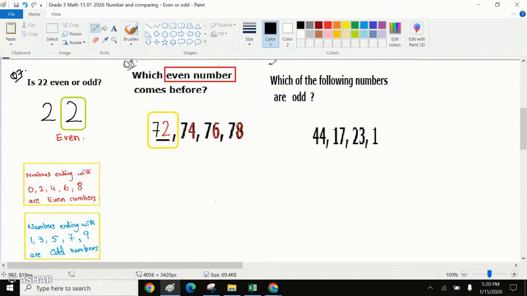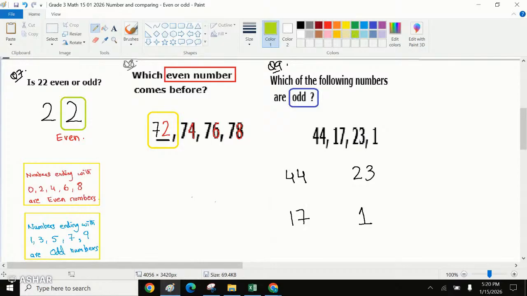We need to keep odd in our mind, right? So can we write 44, 17, 23, and 1? So what is the condition for being an odd number?